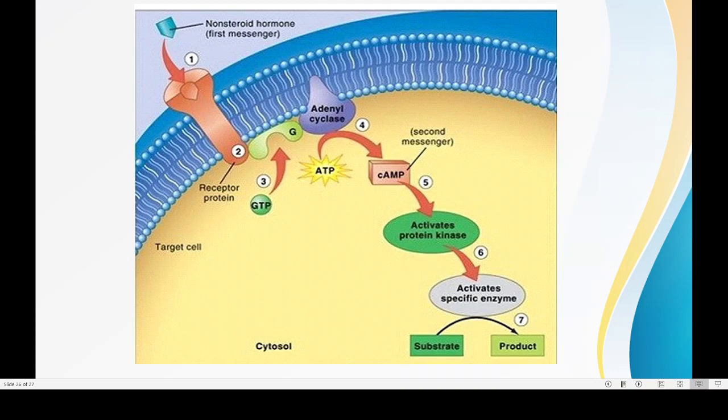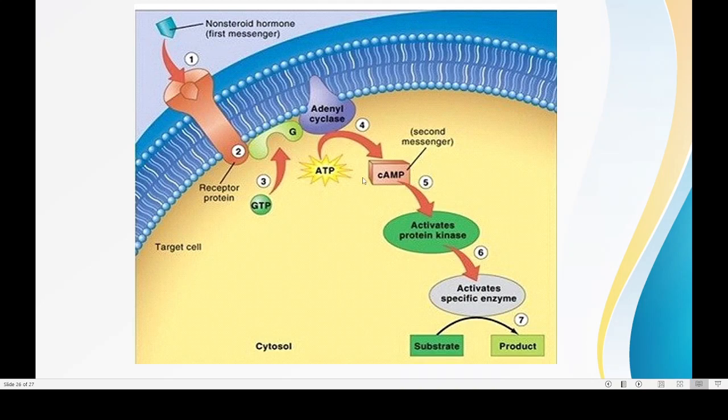You are not directly entering that college. In the same way, this is the hormone, a messenger that will not directly enter the cell. It gives its message to another messenger known as the second messenger, and the second messenger is known as cyclic AMP.